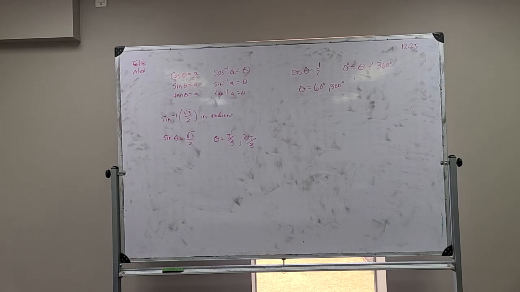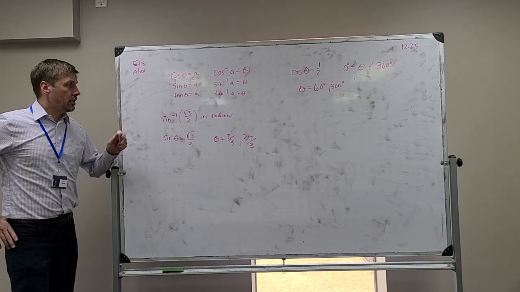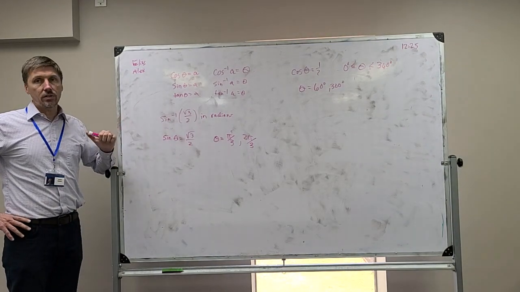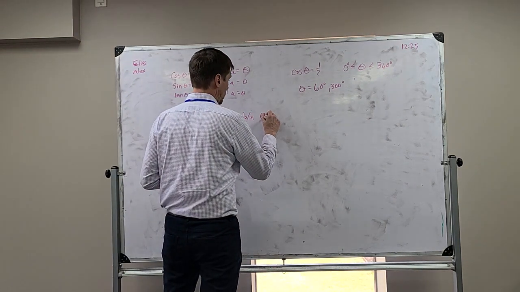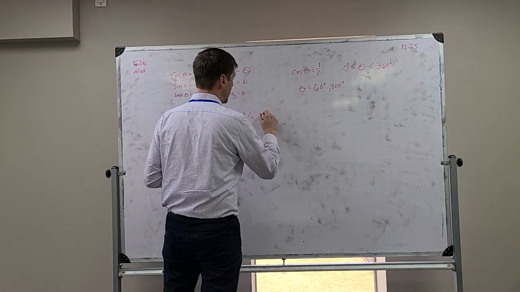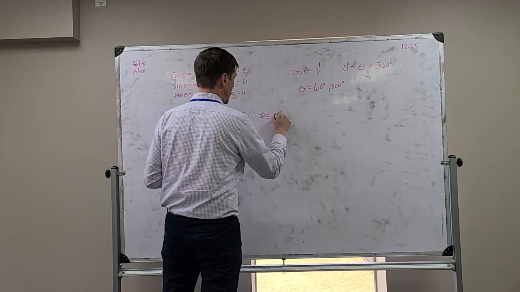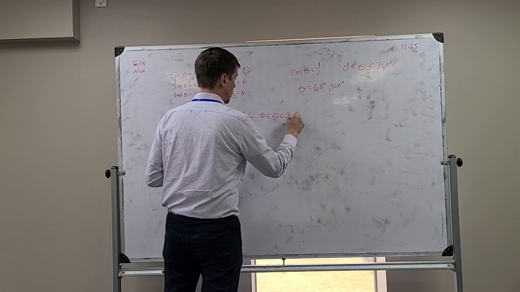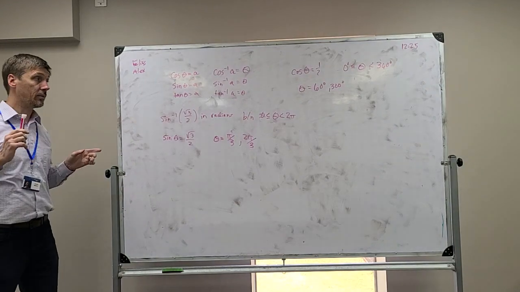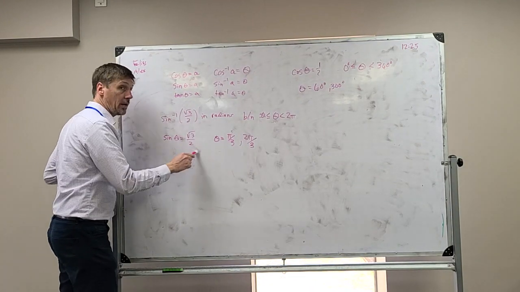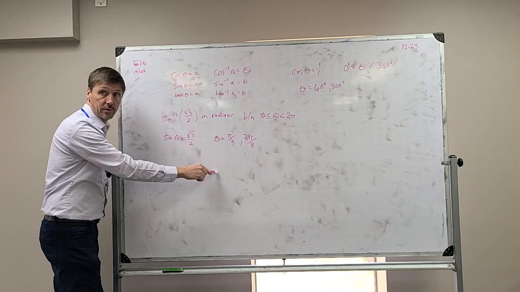Those are 60 and 120 degrees. Now, did I limit this and say only give it to me between 0 and 2 pi? No, I did not. So what's going to be the correct solution? Like we said before, this repeats every 2 pi, or every 360 degrees.